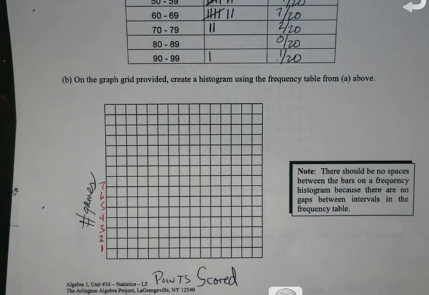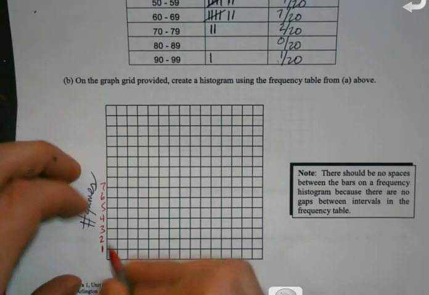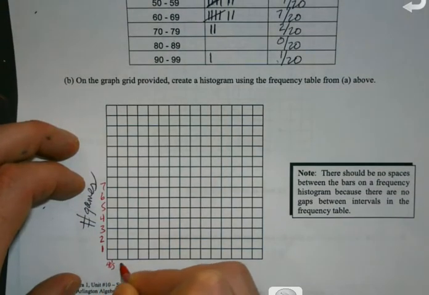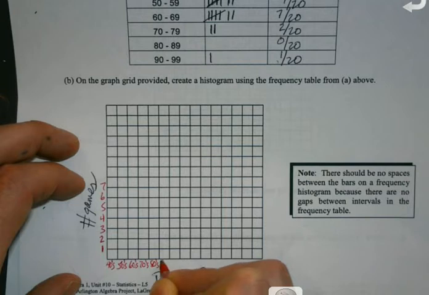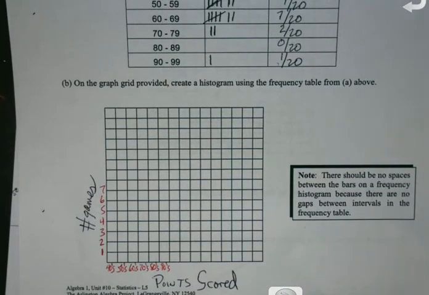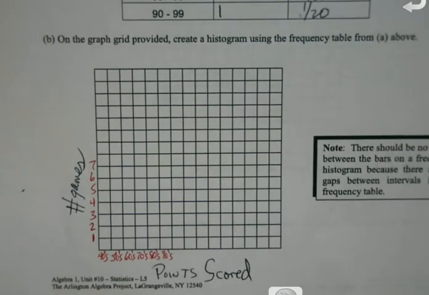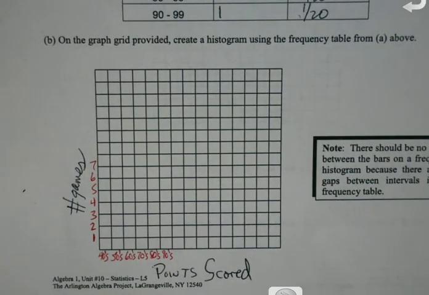But with my points, maybe I call it the 40s and then the 50s, as long as I'm describing that it's not one single number being represented, but a range of numbers. If you literally wanted to put 40 to 49, you could. But we don't want to have spaces between bars. We don't want to skip. 40s, 50s, 60s, 70s, just like in the points scored chart up above.